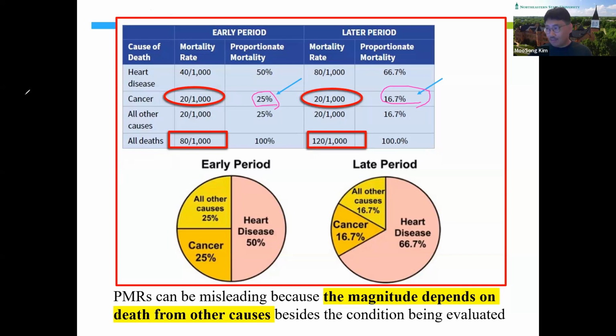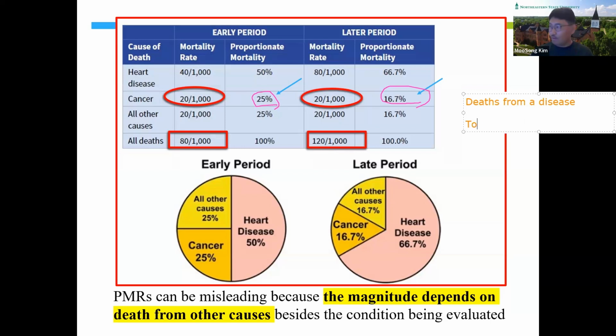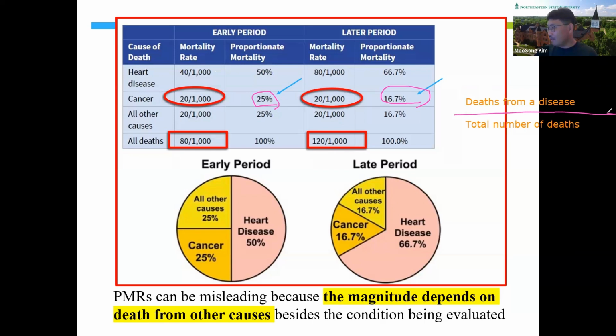So proportionated mortality rate is actually death from a disease over total number of deaths, right? So that is the formula for the proportionated mortality rate. Death from a disease, 20 and 20, same.